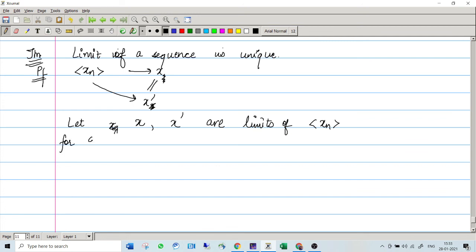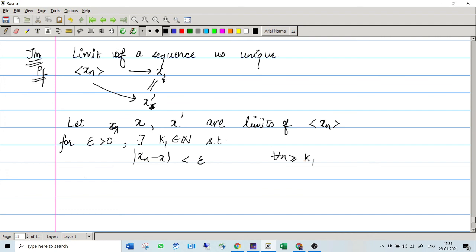For epsilon greater than 0, there exists some number, let's say k1 for x and k2 for x dash we will write. So k1 in the natural numbers such that the mod of xn minus x is less than epsilon for every n greater than or equal to this k1.